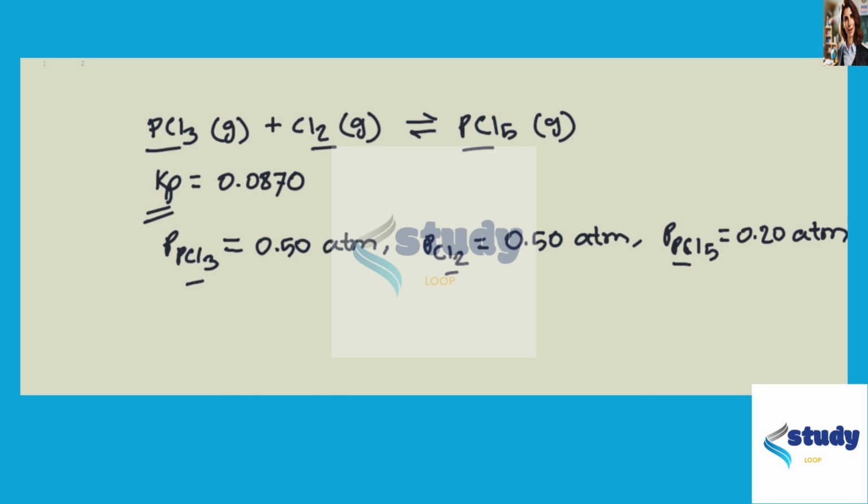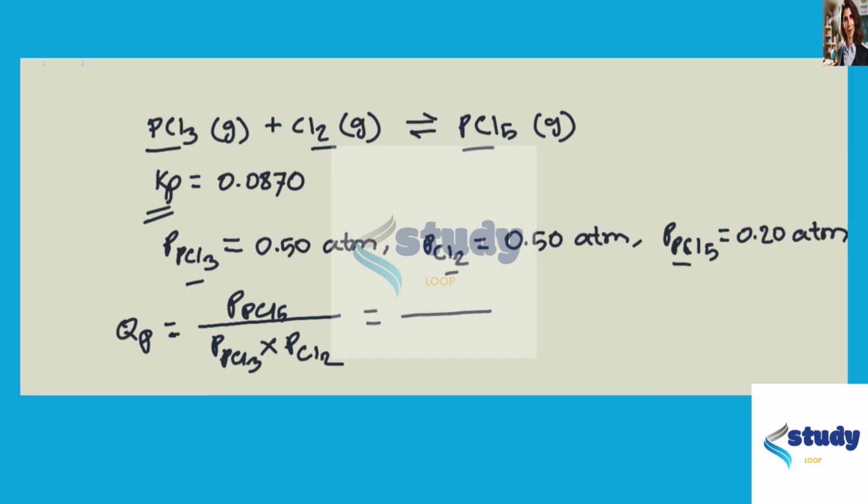If we write down the reaction quotient expression for this reaction in terms of pressure, it will be the partial pressure of the product over the partial pressures of the reactants.